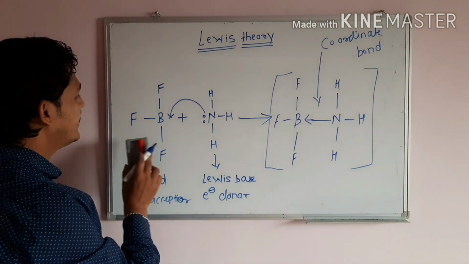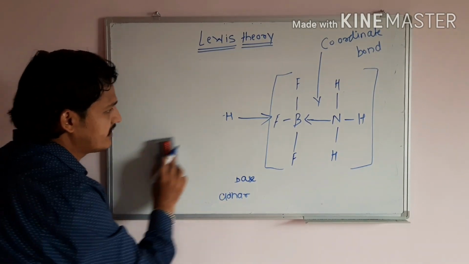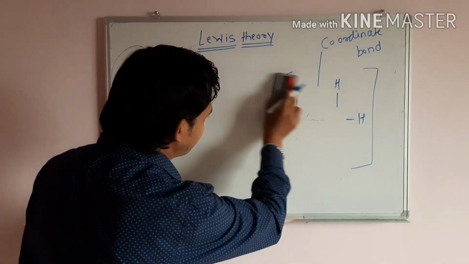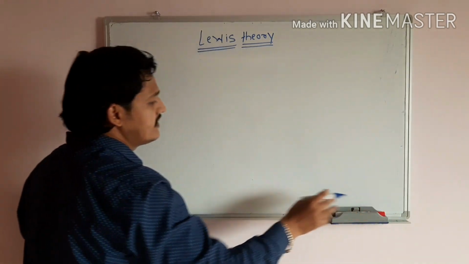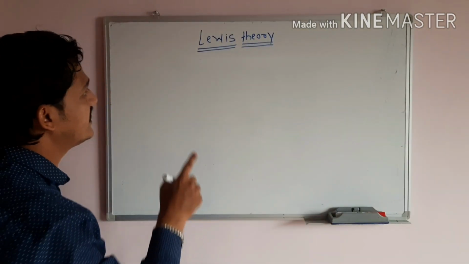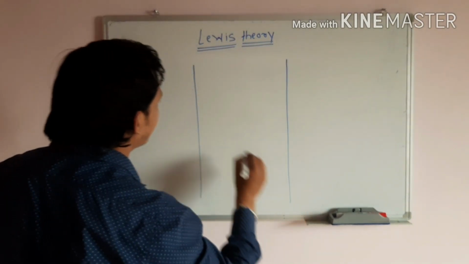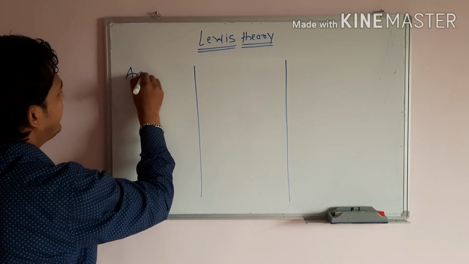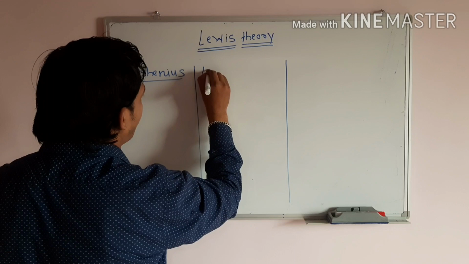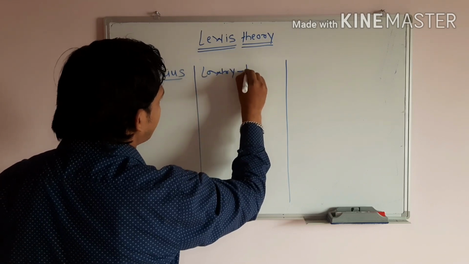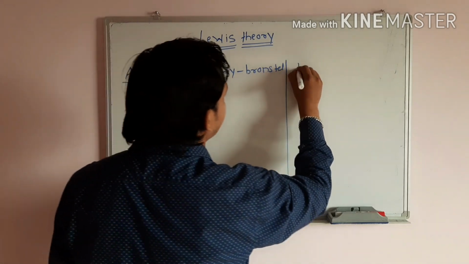Now there are only 3 concepts regarding acids and bases. We studied the Arrhenius concept, then the Lowry-Bronsted concept, and then Lewis theory. Now we have to classify, a shortcut for Arrhenius theory, then Lowry-Bronsted, then Lewis theory.